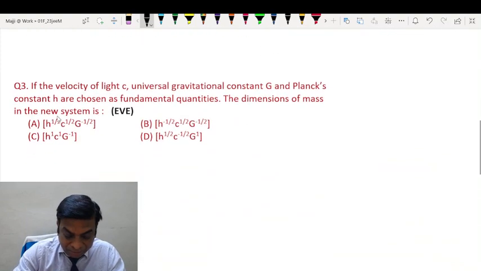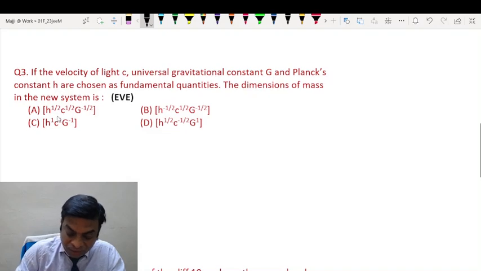Moving to the next question. If the speed of light C, universal gravitational constant G and Planck's constant H are chosen as fundamental quantities, then find the dimensions of mass in the new system.